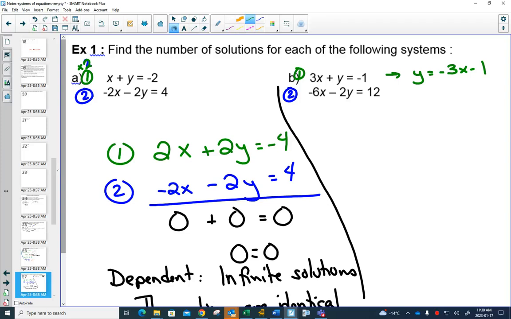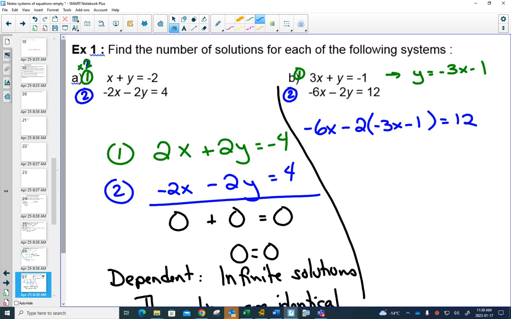So in the substitution technique, you look at both equations and decide which variable would be easiest to get by itself. And then I can take equation 2, and where the y is, instead of writing y, I can write -3x minus 1.